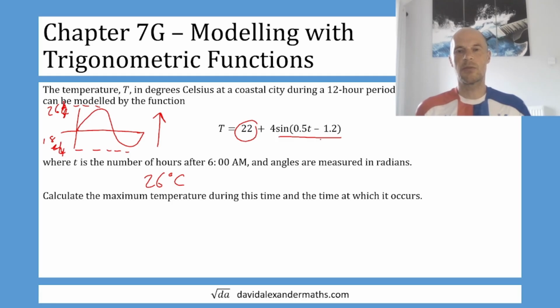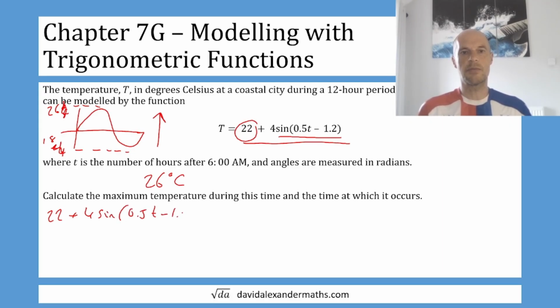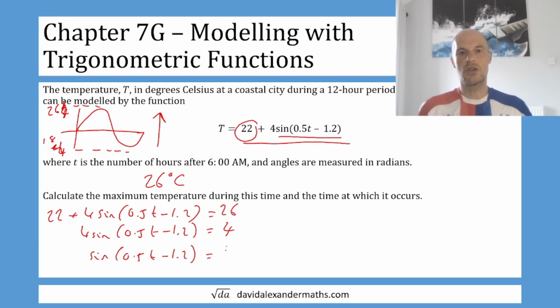And what is the value of little t when we get 26? Well, it's when this whole equation equals 26. So therefore 22 plus 4 times the sine of 0.5t, take 1.2, equals 26, in which case 4 times the sine of 0.5t, take away 1.2, equals 4, and the sine of 0.5t, take 1.2, equals 1.